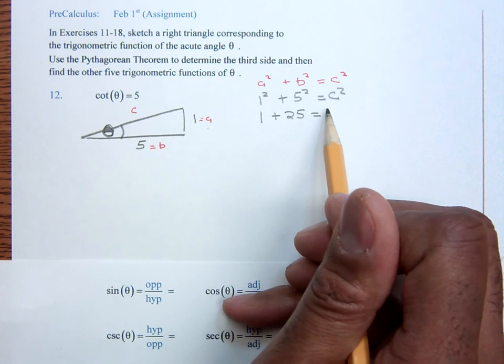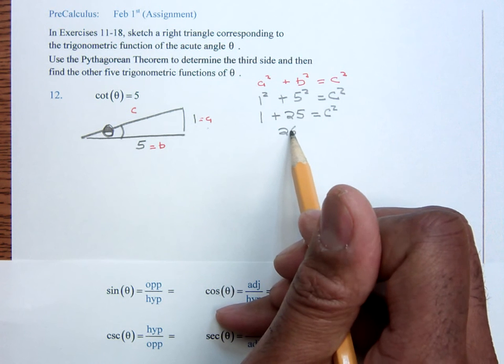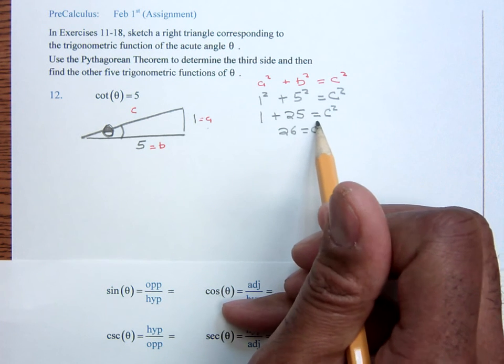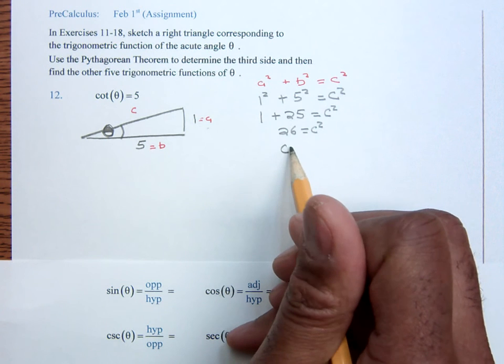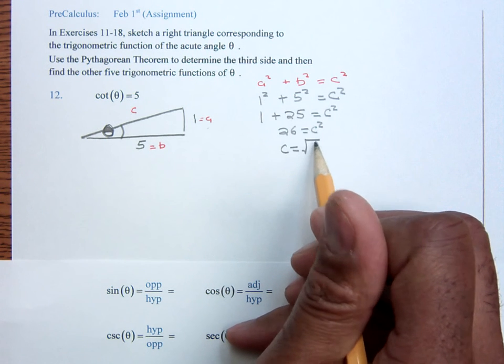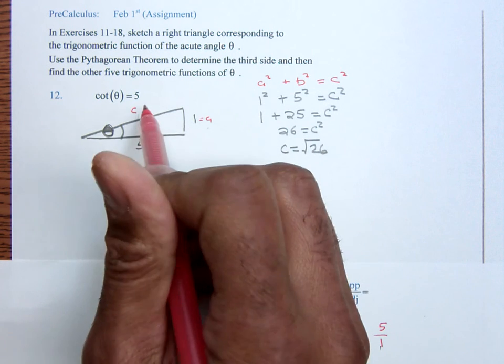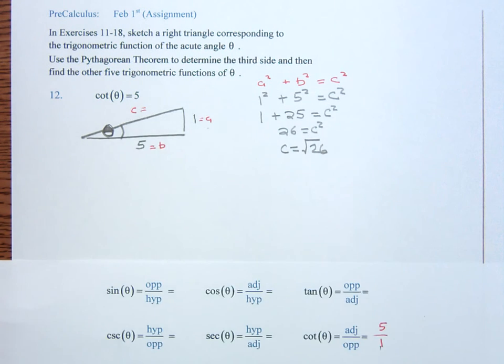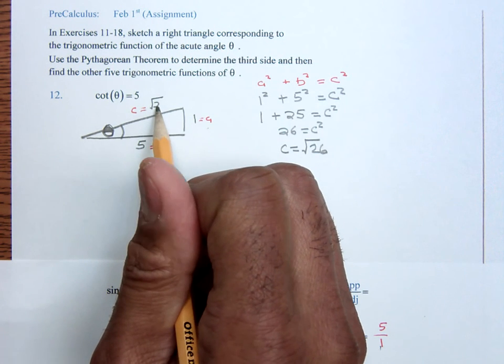And that'll be C squared. So that's going to give us 26 is equal to C squared. So to get C, we'd have to take the square root of both sides. So C will be the square root of 26. Let's write that in here. Square root of 26. Or radical 26.